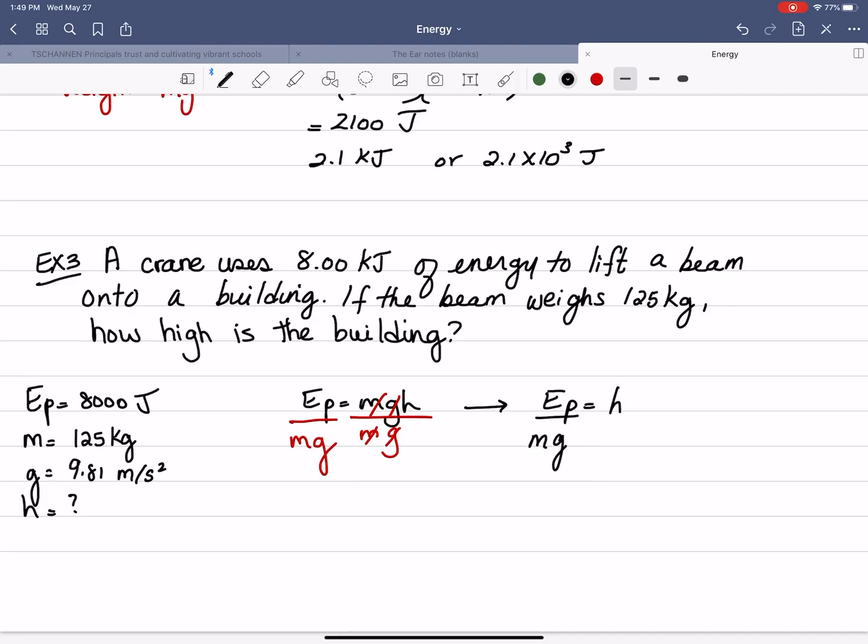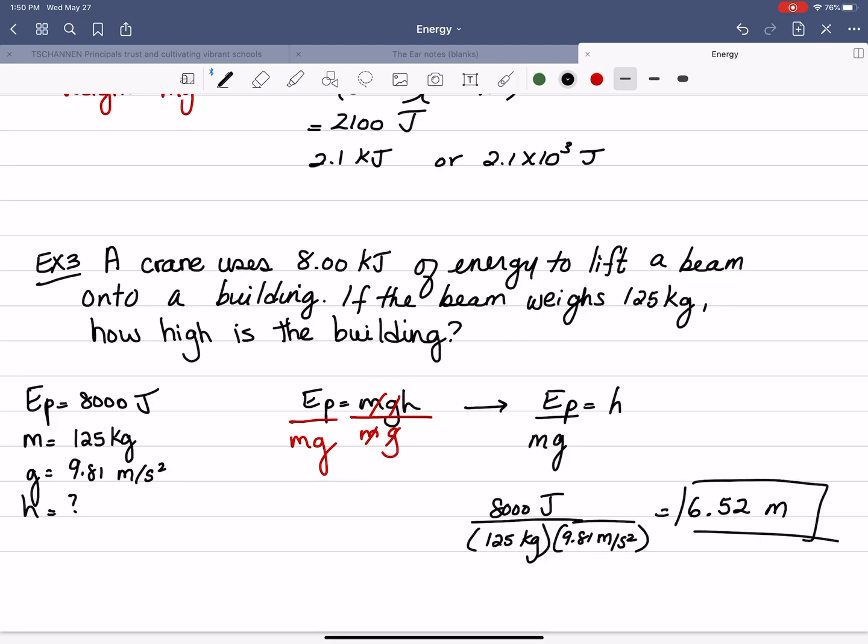That's going to give me H. And so 8,000 joules divided by 125 divided by 9.81. And the answer to 3 significant digits is 6.52 meters. That's how tall our building is. Not very tall, but okay.